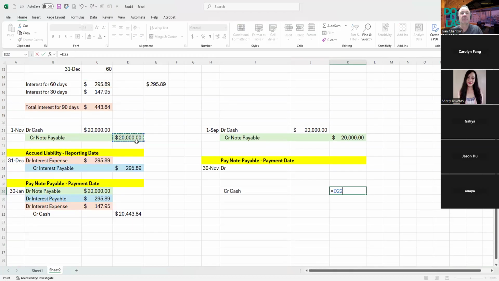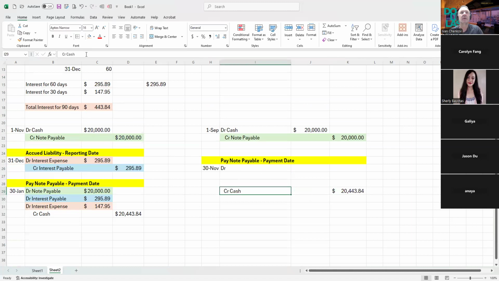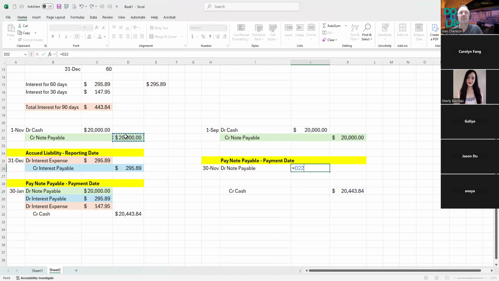I'm closing 200 plus the interest. Which accounts am I going to debit? Since I paid this one, I don't have to pay anymore. Note payable, gone, right? I'm closing the note payable.